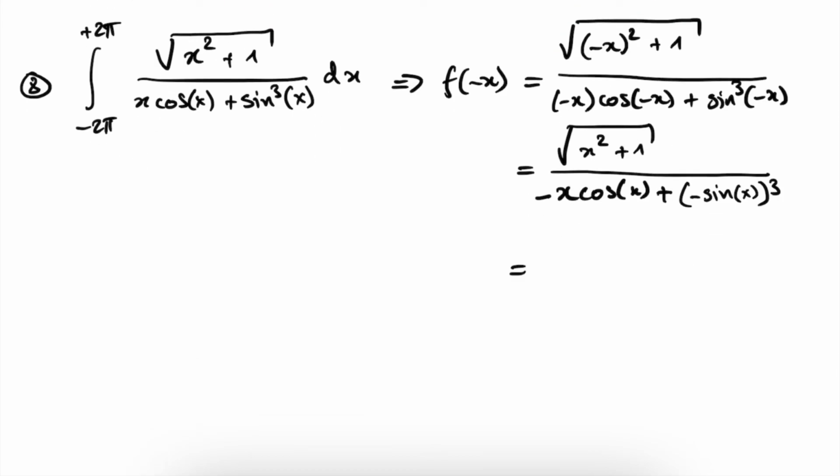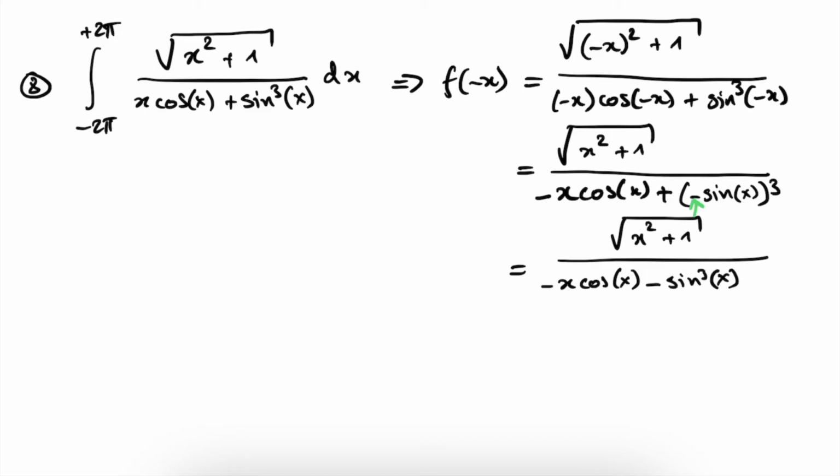This simply becomes the square root of x squared plus 1 in the numerator, and in the denominator we get minus x times the cosine of x minus sine to the power of 3 of x, because this minus sign inside of the brackets also gets raised to the power of 3, but a minus sign raised to an odd power still remains a minus sign. And we see here that we can now pull this minus sign and this minus sign outside of the denominator and put it in front of the whole fraction.